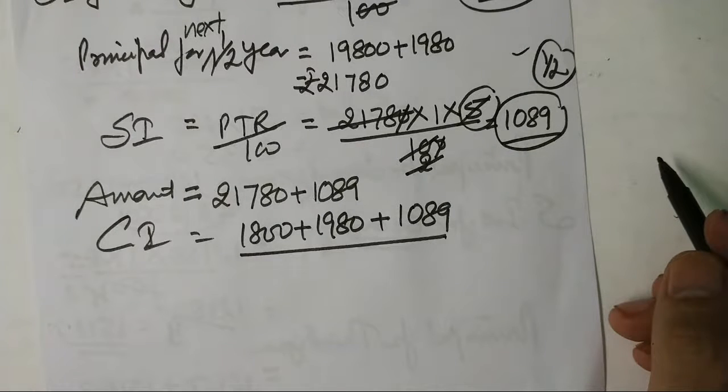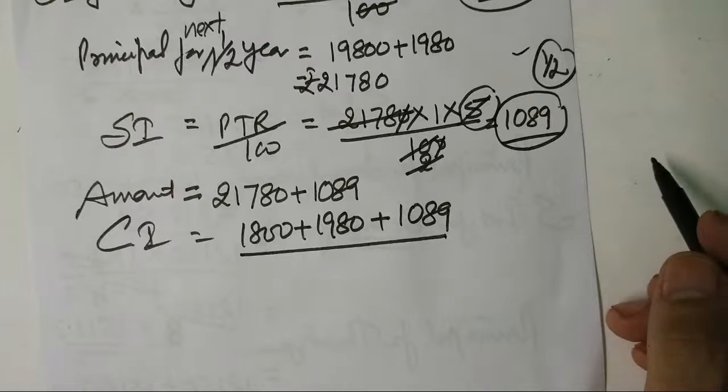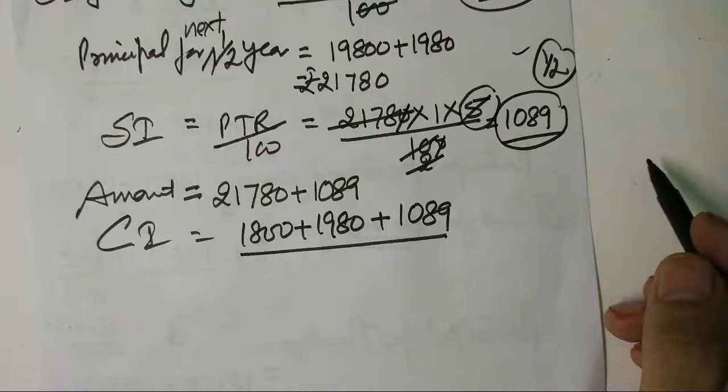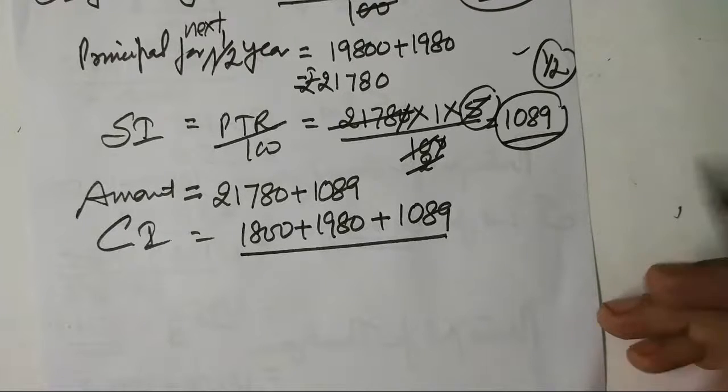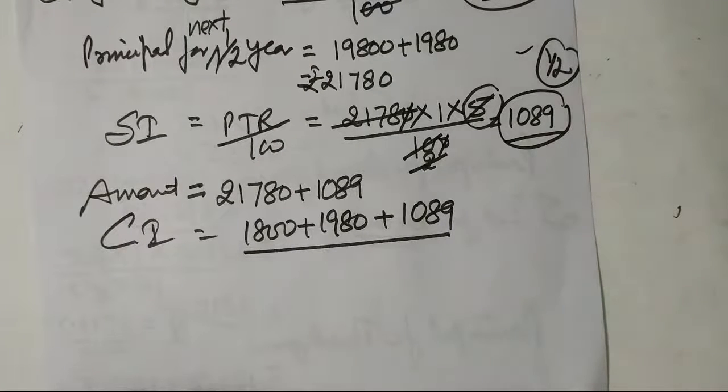Then in the third part, that is C part, the only new thing is, everything is same, but it is given to calculate the compound interest and the amount for. This is question number 1, C part.